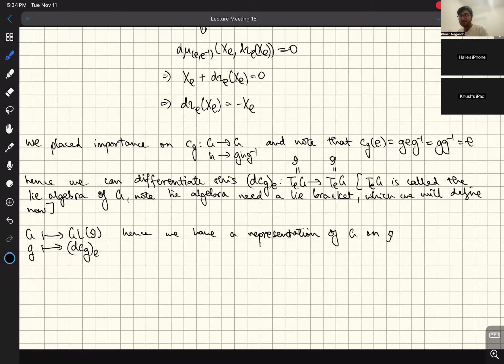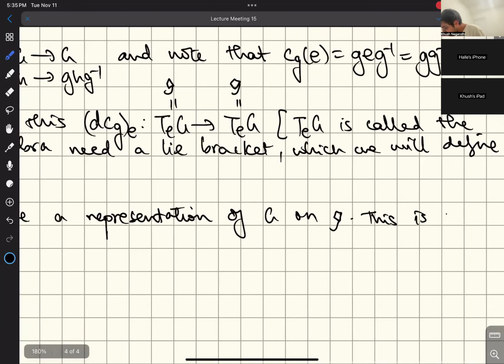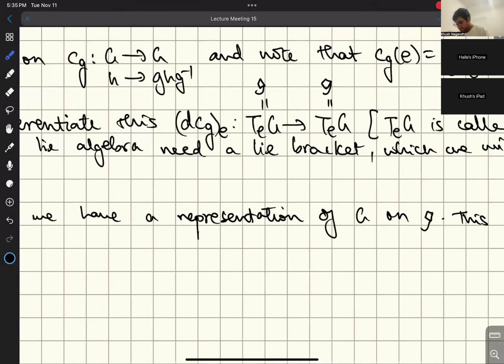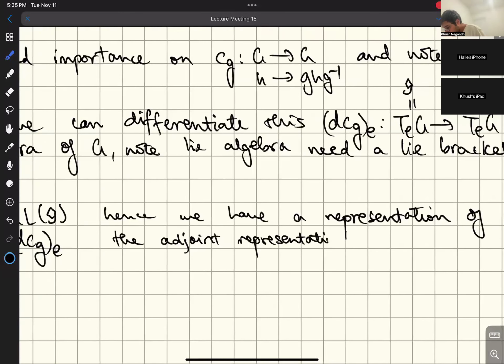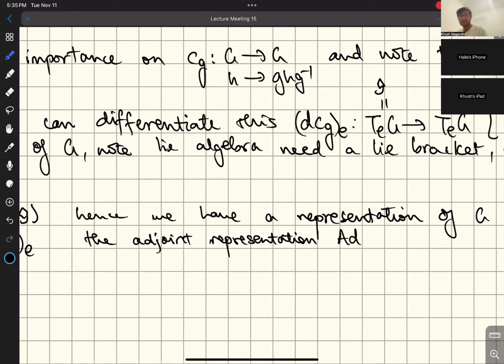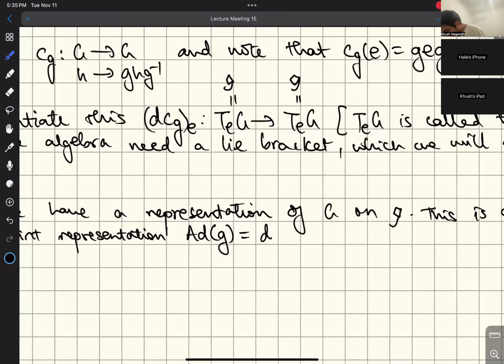This representation is called the adjoint representation, and it's denoted by big Ad. So Ad at G is just the differential of C_G at identity.